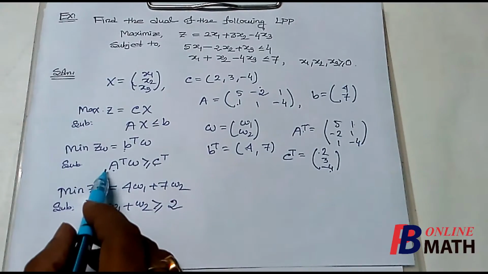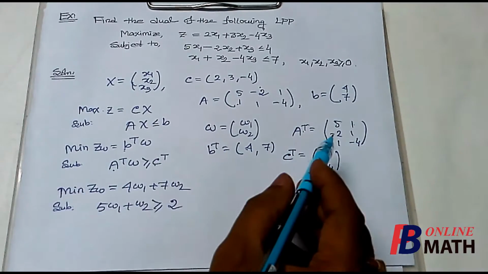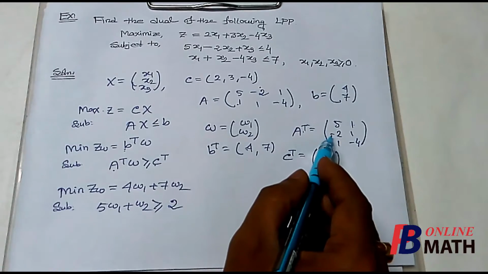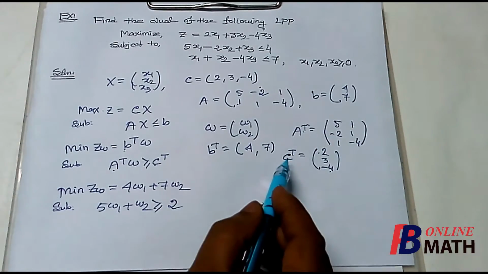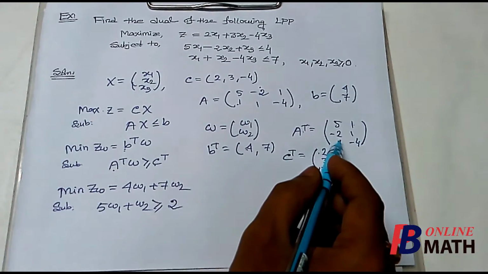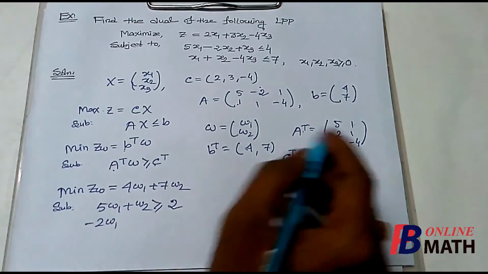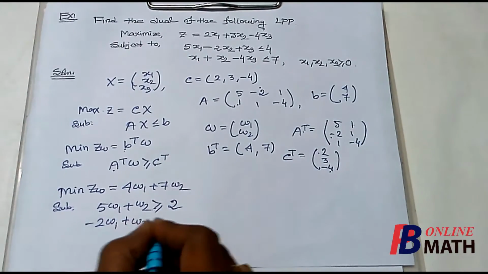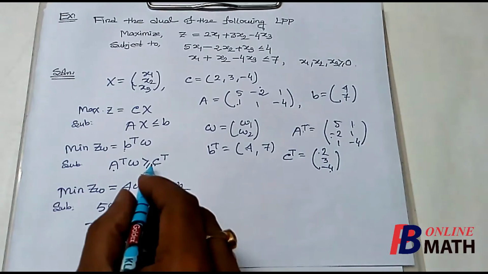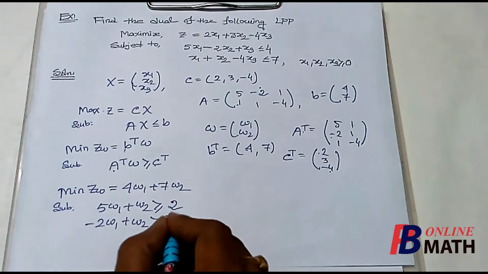Now to find the second constraint, we multiply the second row of A transpose by omega. So the second constraint will be minus 2 omega 1 plus omega 2, greater than or equal to the second value of C transpose, which is 3.